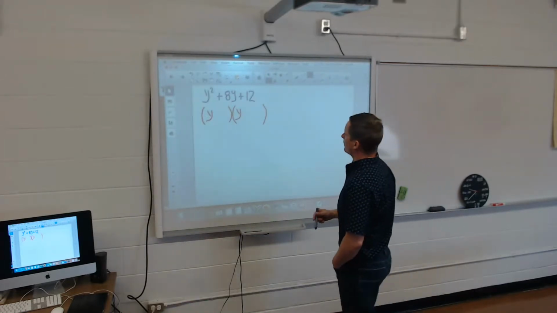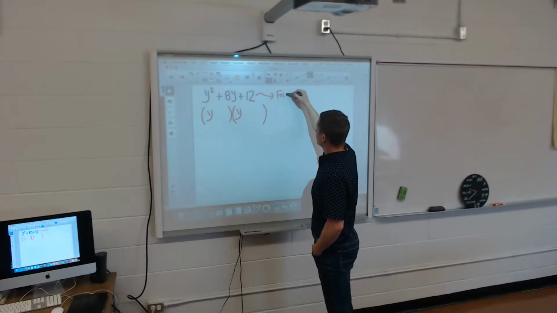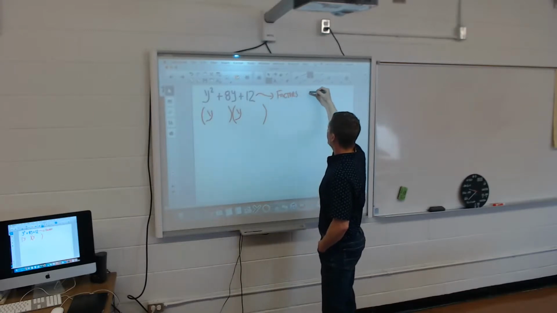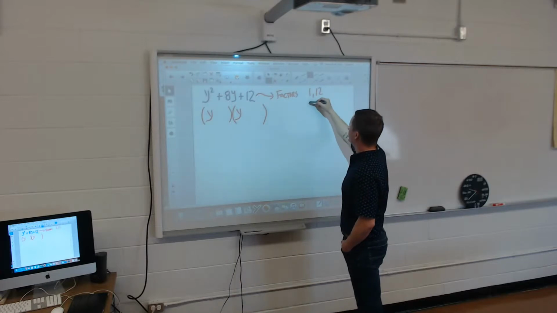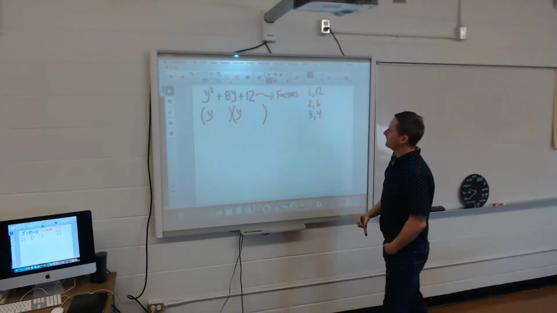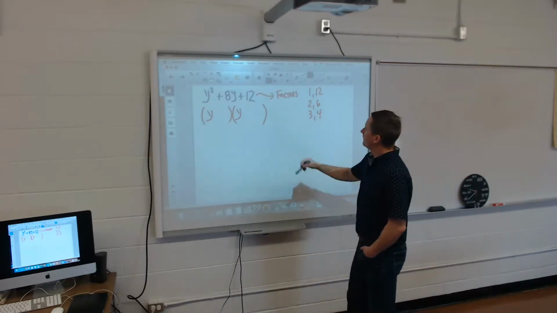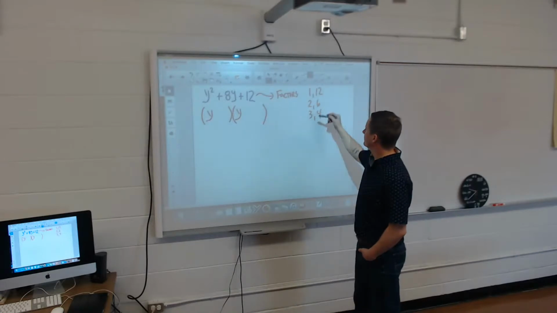Okay? Now, I need the factors of 12. So we just finished doing one similar to this. So 1 and 12, 2 and 6, 3 and 4. Okay? I need those factors that add to give me 8.